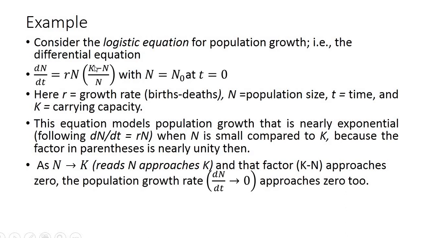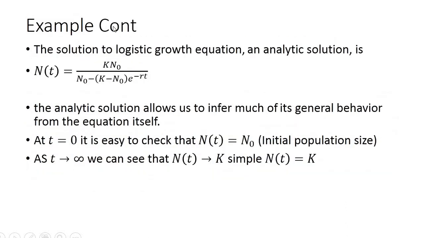So it will be 1 times 0 over K, which is 0. So the differential equation will approach 0 when N equals K. Or you can alternatively substitute N for K, so N minus N over K gives you 0, so this will approach 0. The solution to the logistic growth equation can be found using mathematical software.